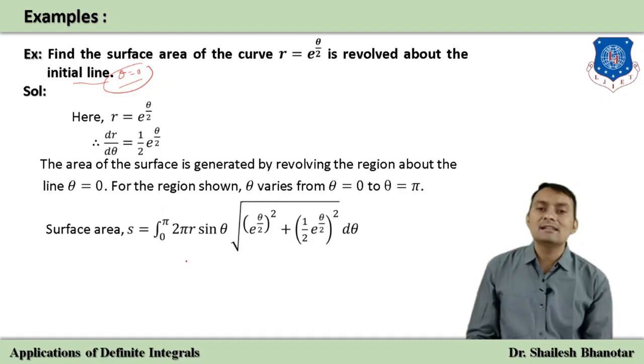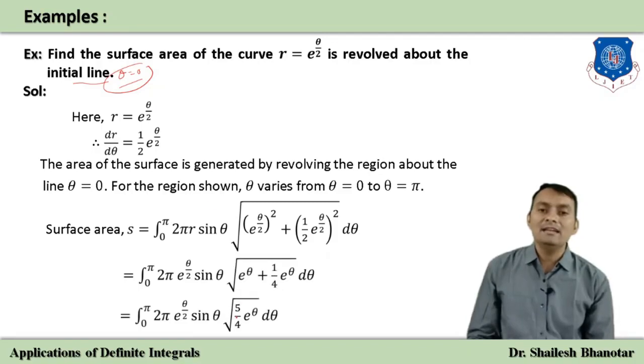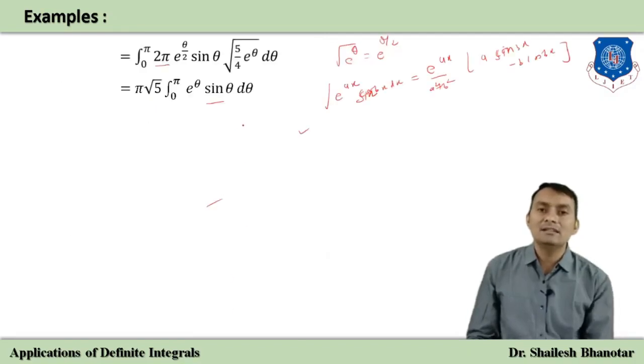In that case our surface area S will be the integration from 0 to pi of 2 pi r sin theta into the square root of r square plus (dr by d theta) square, but r is nothing but e raised to theta by 2, so I just put it in. When you simplify each and every step, you will get up to here.